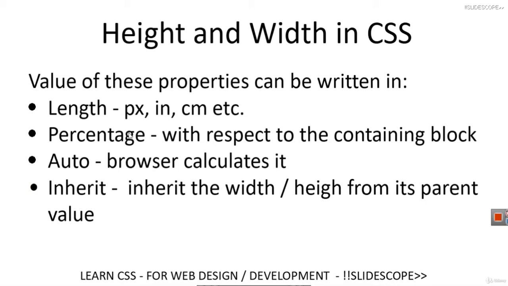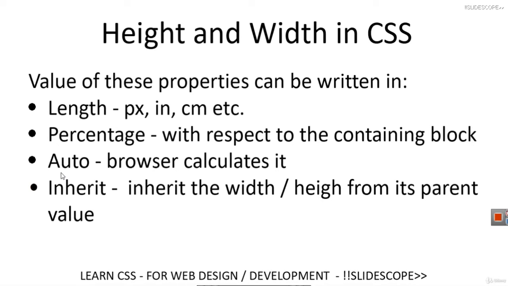In case of percentage, the value is taken with respect to the containing block. Suppose the containing block has a width of 600 pixels and we write 100%. So the width of the box that is inside it will also become 600 pixels.